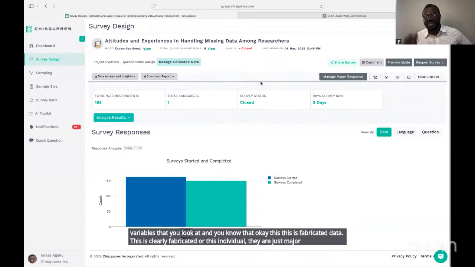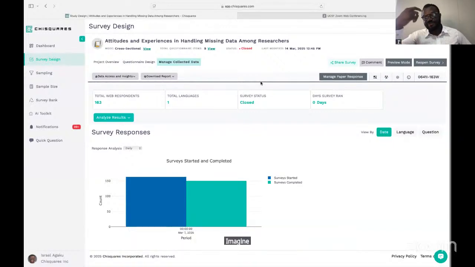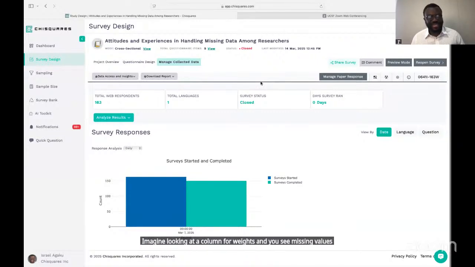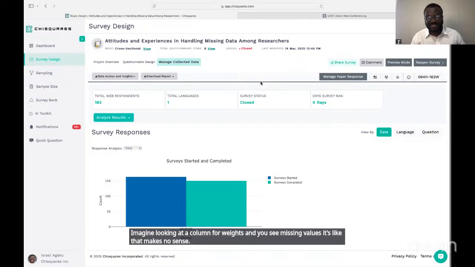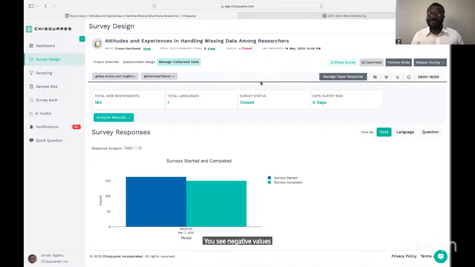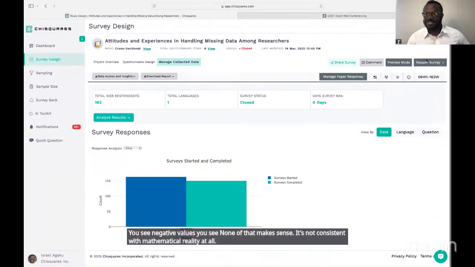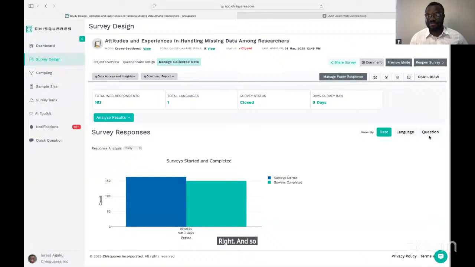Imagine looking at a column for weights and you see missing values. That makes no sense. You see negative values. None of that makes sense. It's not consistent with mathematical reality at all, right? And so that should create instant red flags for you.